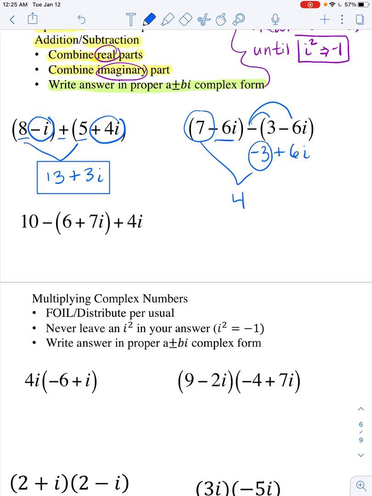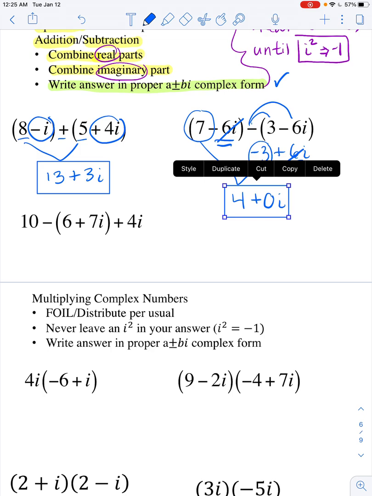Then my negative 6i and my now positive 6i actually cancel out. But this says to write it in proper complex form, so I still have to indicate that I know I'm supposed to write it in complex form, but that second thing is a 0. There is no imaginary part because they canceled out as a positive and a negative 6i.